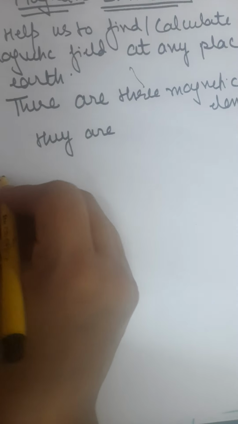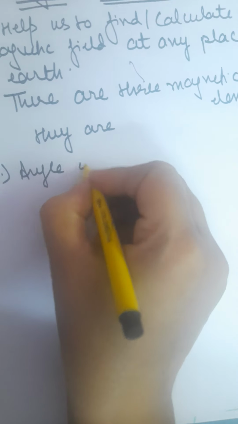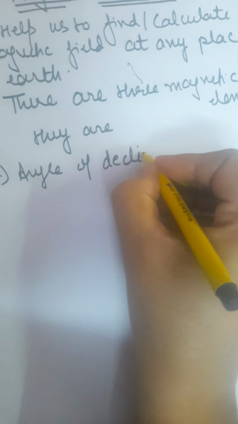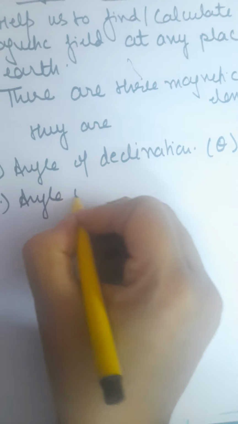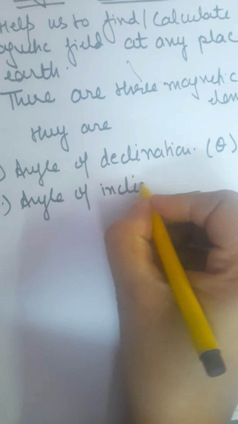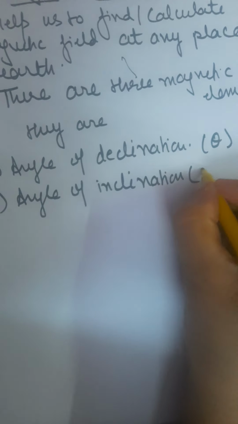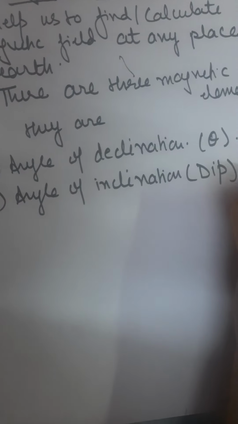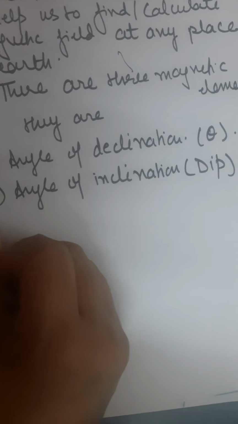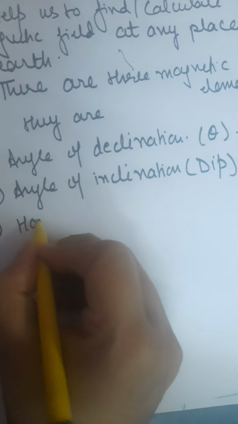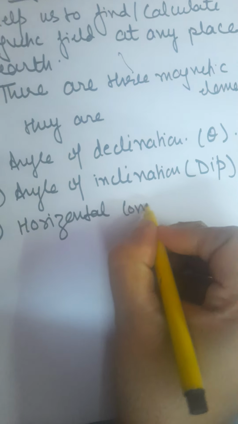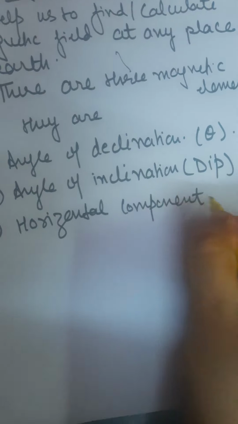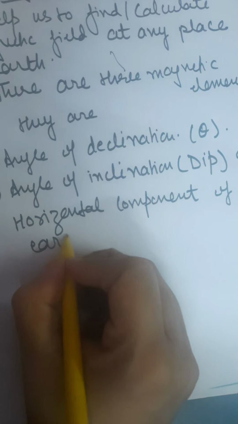First, angle of declination. Its symbol is theta. Second is angle of inclination. It is also called dip. Its symbol is delta. And third is the horizontal component of Earth's magnetic field.